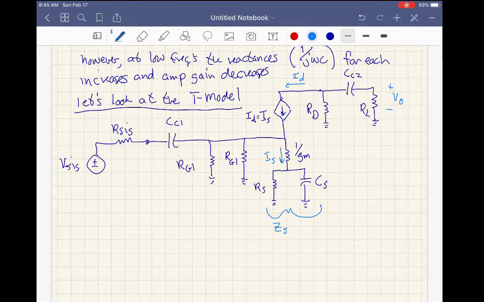We can define an impedance here, ZS, that's going to be RS. If you look at RS as in parallel with CS, we'll figure out what that impedance is. And here, I just realized I made a mistake. This should be RG2, this resistor right here. Here we've got RG1 in parallel with RG2.